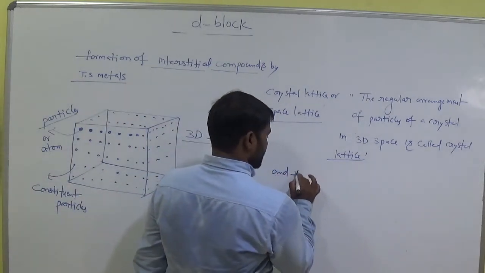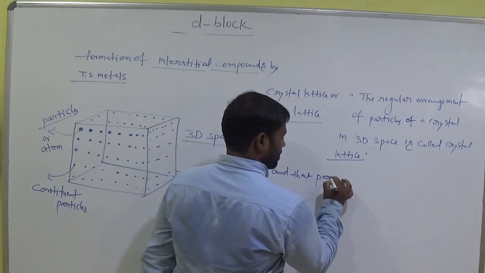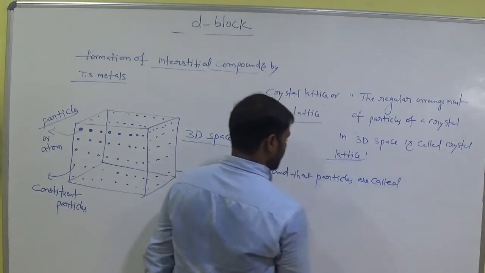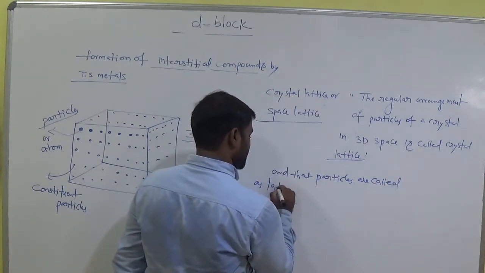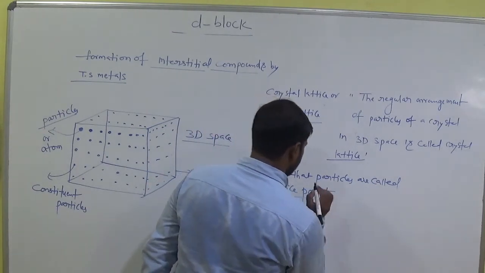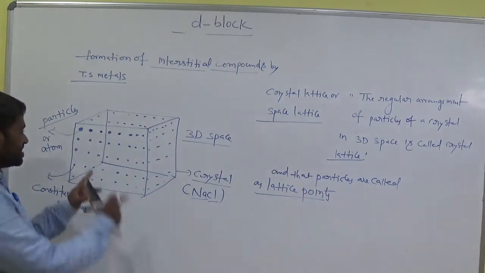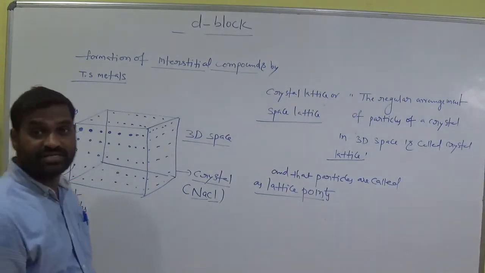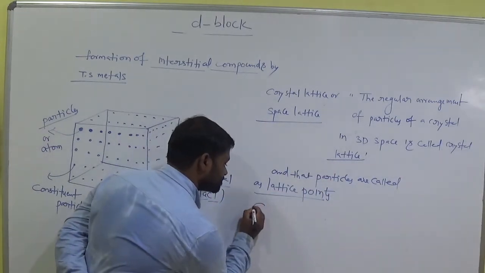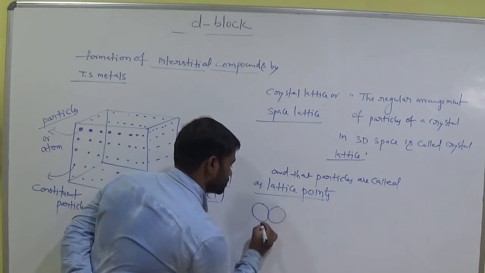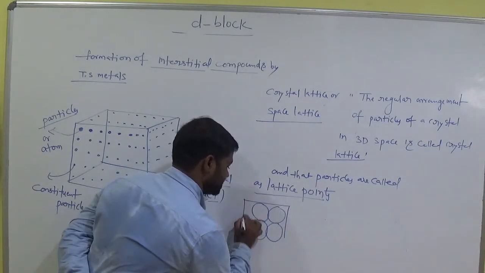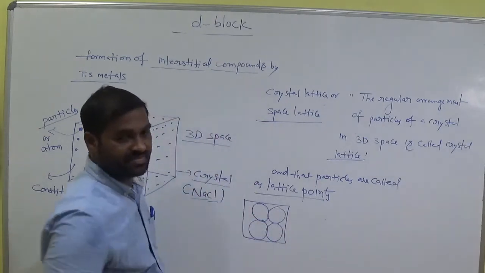And the particles are called lattice points. Clear? Suppose the arrangement of particles is like this, in a cube.